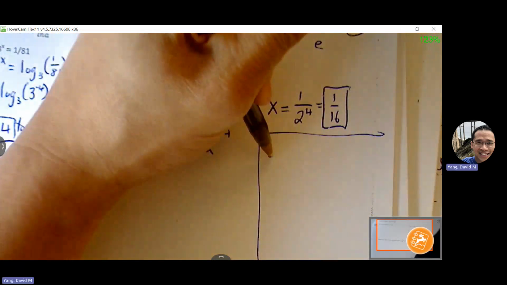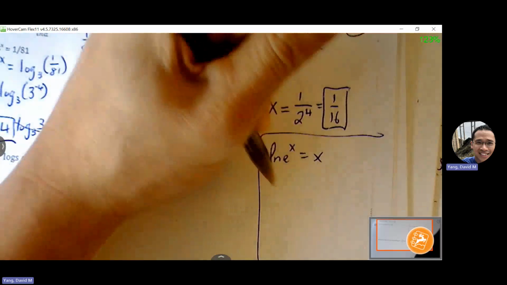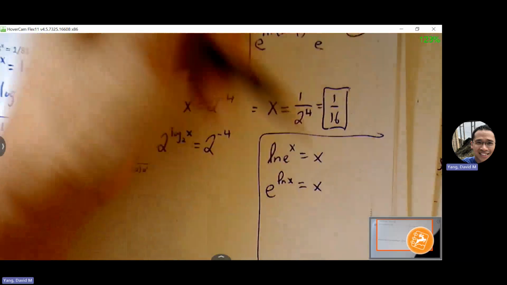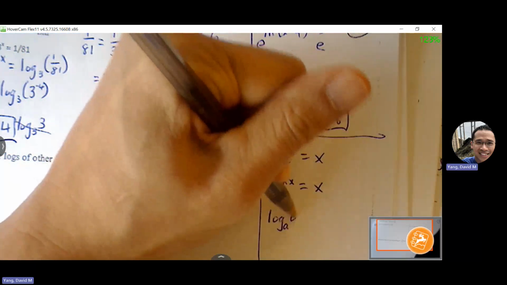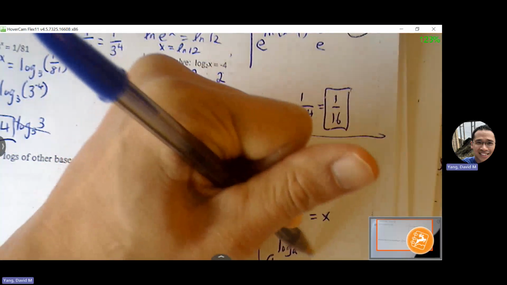Just like how natural log of e to the x is equal to x, and just like how e to the natural log of x is equal to x, if I have log base a of a to the x, that's equal to x. And if I have a raised to the log base a of x, that's also equal to x, right?